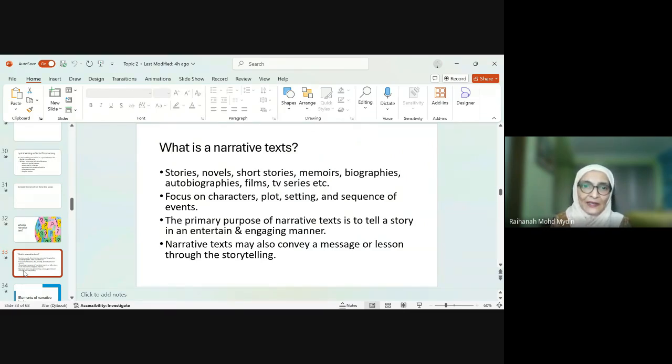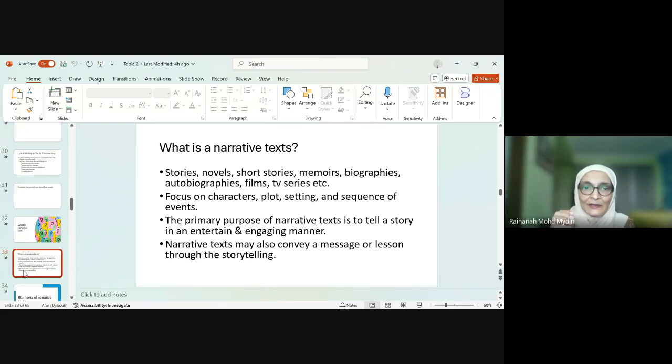Under narrative text, you've got various types: novels, short stories, memoirs, biographies, autobiographies, and so on. And in popular culture, the things you consume, including films, TV series, things you watch on Netflix, are types of narrative text, right?